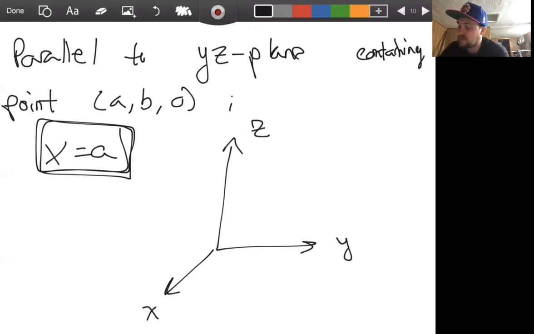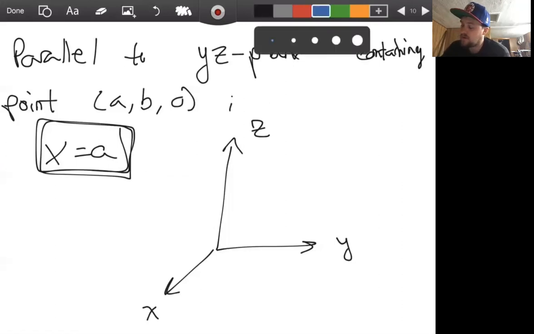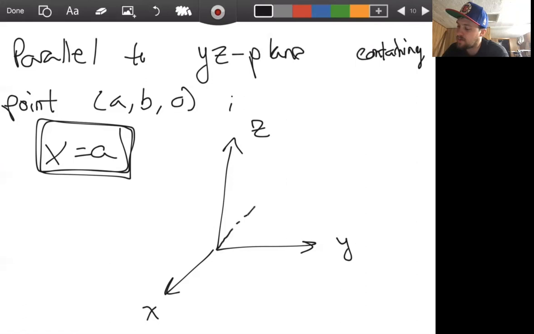based on how I've drawn my coordinate system here. But you can imagine maybe A is a negative number. So we go back to this value A here, because into your screen is the negative X direction.